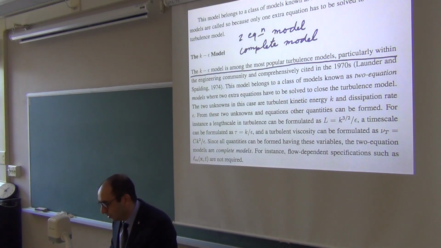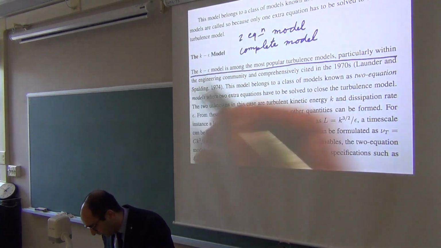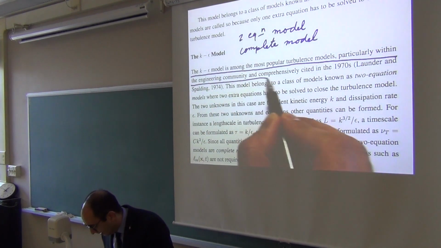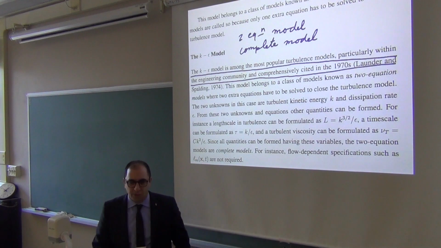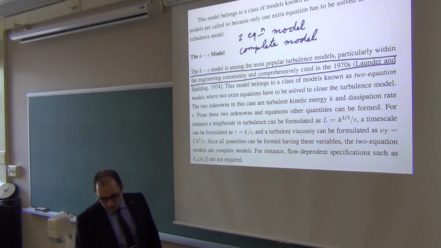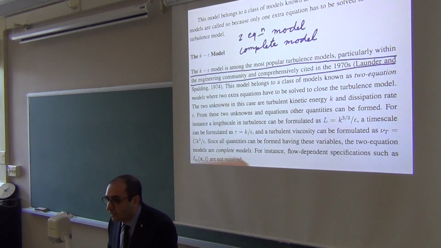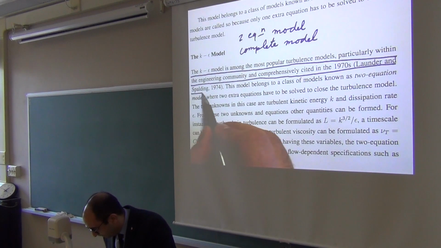I mean, most thermofluids engineers have used this, or water engineers, renewable energy engineers. The gist of the work was developed in the 1970s by Launder and Spalding, and this paper I'm citing is one of the most cited papers in the literature. I mean, many thousands of citations have been given to this paper.